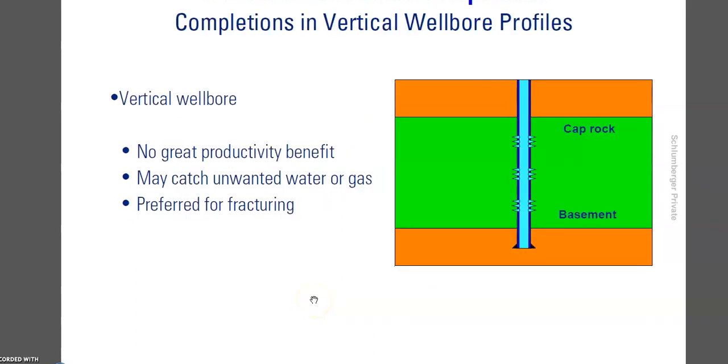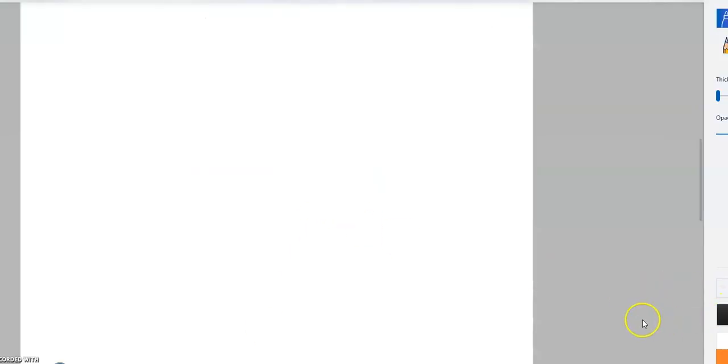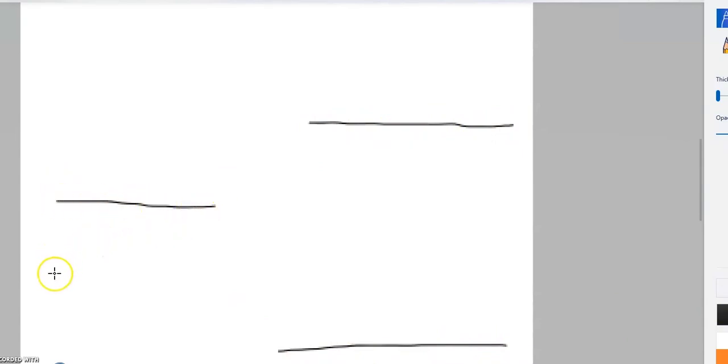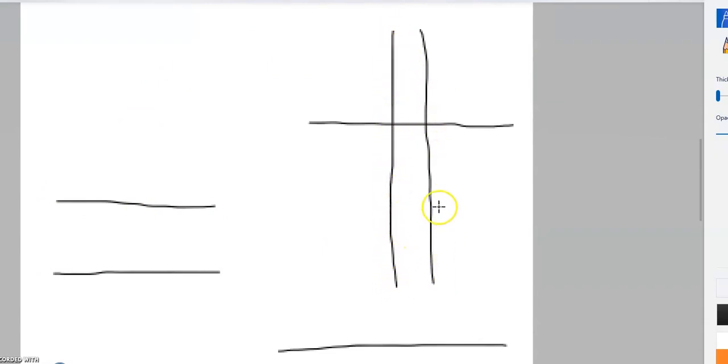Okay, so let's start with vertical wells. As you can see here, a vertical well has been drilled in a formation where we have cap rock and basement. The well is perforated too. I want to explain something here. If we have a thick formation and a thin formation, a vertical well will be a good choice if it is drilled in the formation where it's thick.